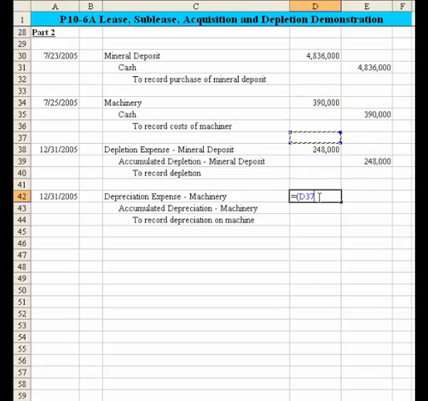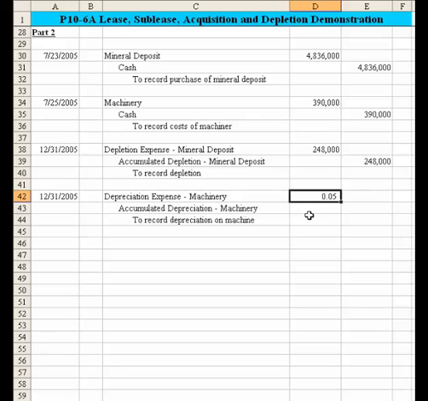We'll take the $390,000 cost, and we're going to divide that by that 7,800,000 of total amount of tons of ore to be mined, and that calculates, if you will, a cost of the machinery per ton produced.